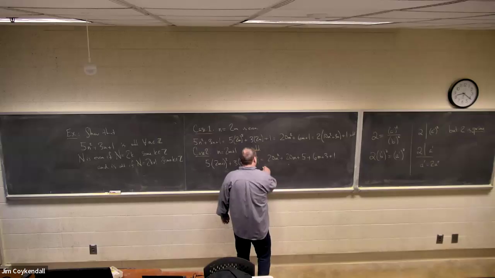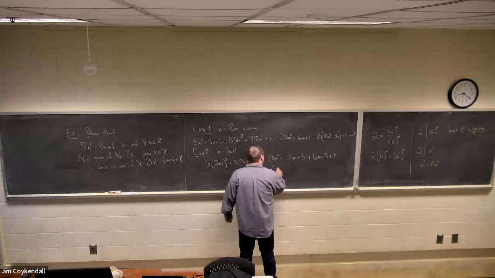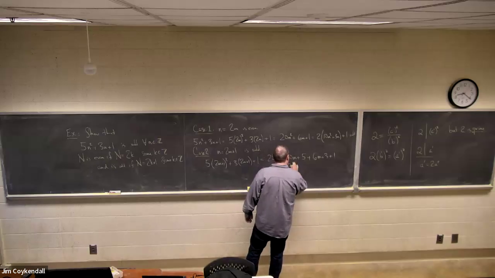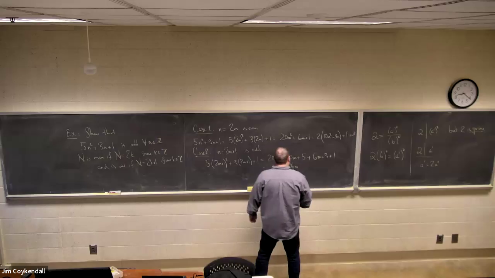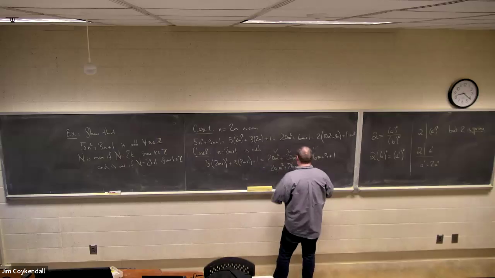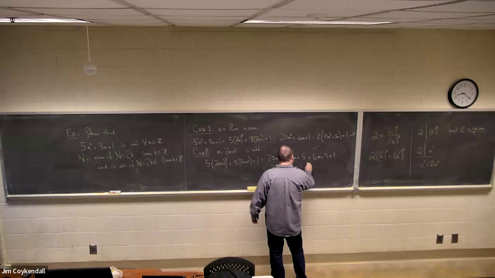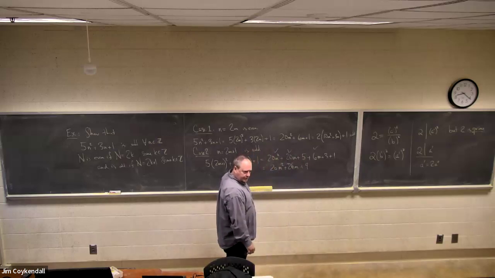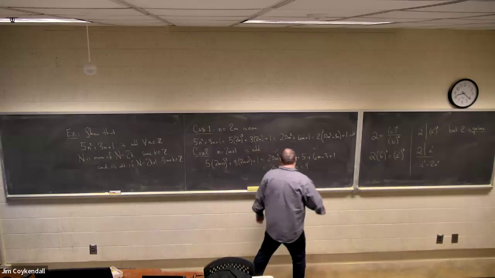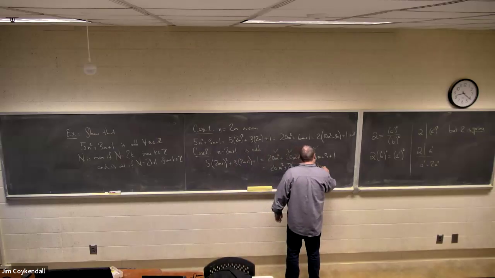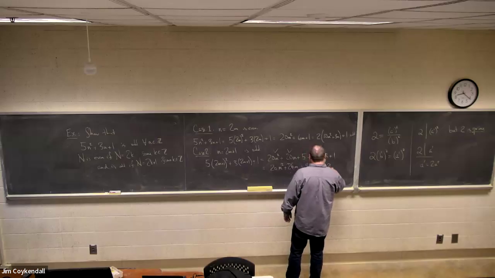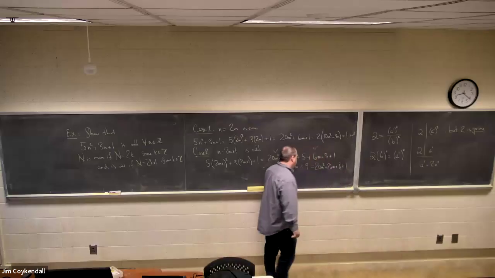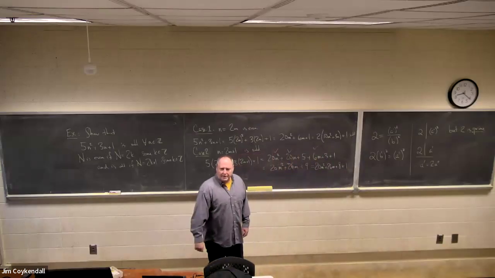And so this is going to be 20m squared plus 20m plus 6m plus 8 plus 1.